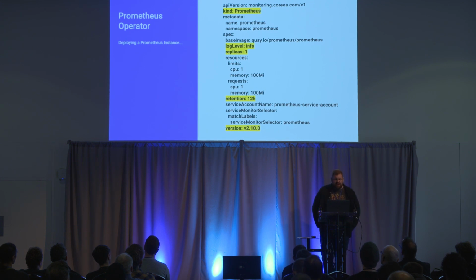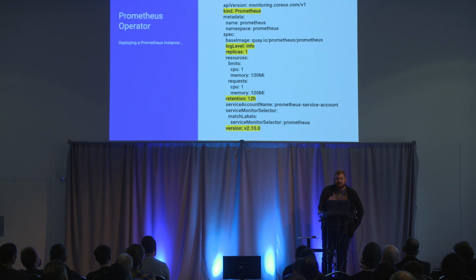So what does that look like? Here is a snippet of YAML, and if anyone's familiar with Kubernetes, you get quite familiar with YAML pretty quickly. If you don't like YAML, you probably won't like Kubernetes. In this example, at the top, I've highlighted kind equals Prometheus, so I'm explicitly saying that this resource is type Prometheus, and this is something that the Prometheus operator will watch for and then handle when that is applied to the cluster.